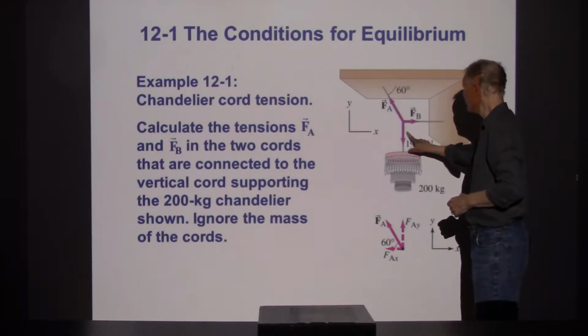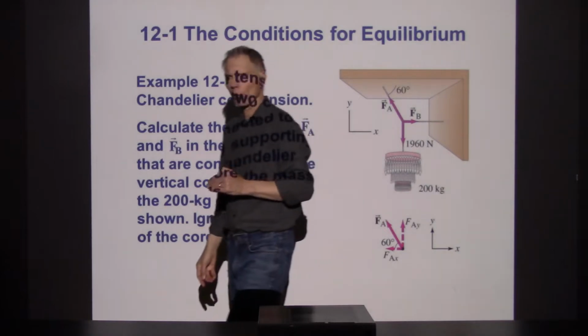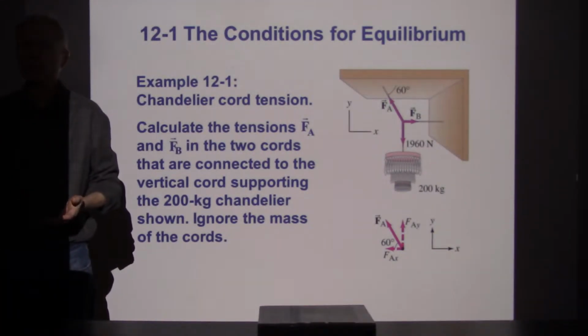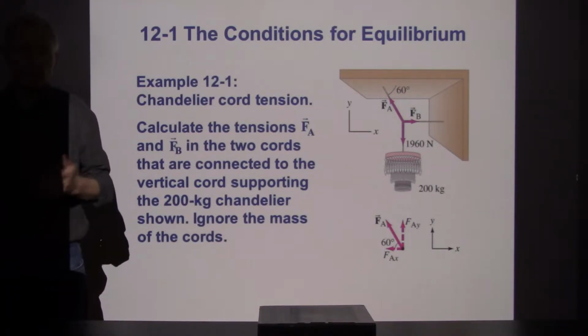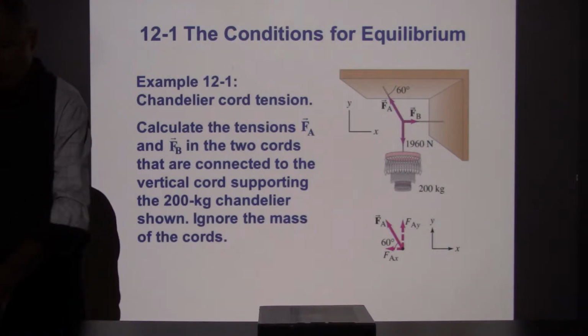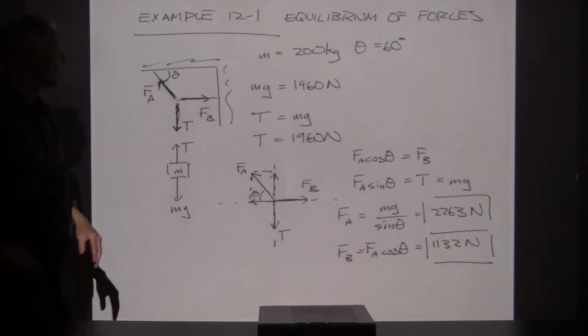We want cables that are going to be able to support the chandelier. If we don't provide cables that can support this much force, then the cables will fail, they'll break. And that's a pretty big chandelier. That could be catastrophic. So let's take a look and see.